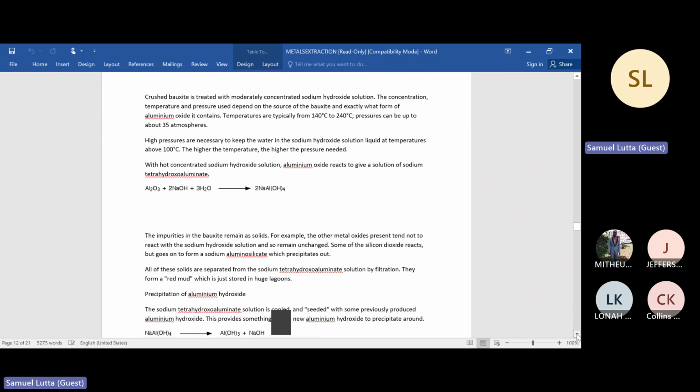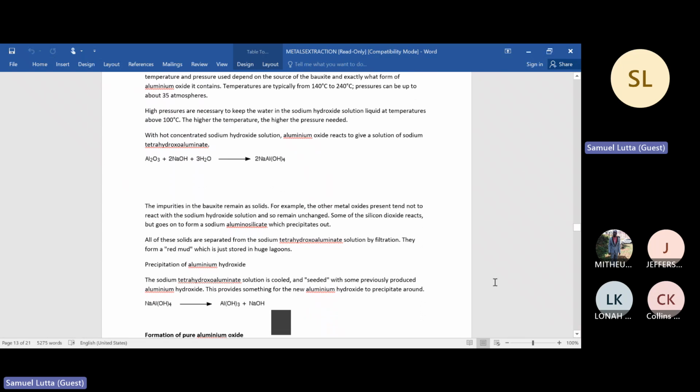So you get sodium aluminate, while the impurities are not soluble, and the aluminate is soluble in water, so you can just dissolve in water and filter to get the solution.